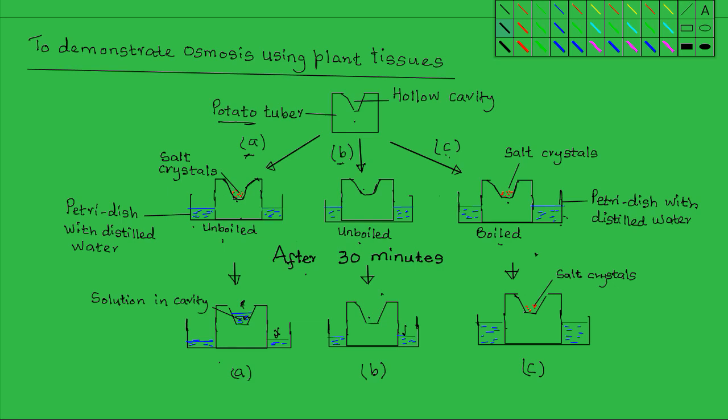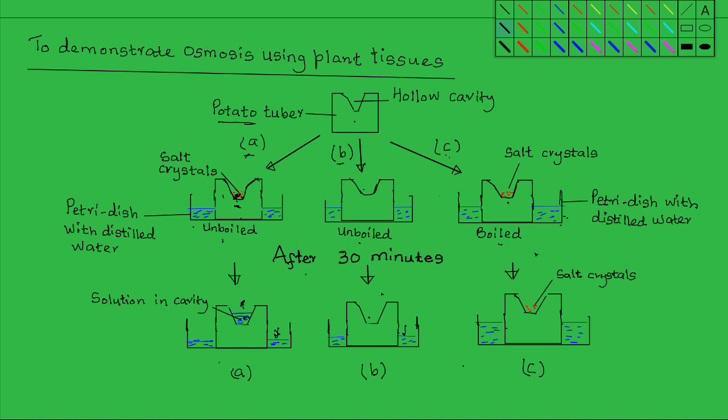The cells lining the cavity become hypertonic to the inner cells. Thus, water moves by osmosis from the inner cells to the cells lining the cavity, and this goes on until the outermost cells draw in water from the petri dish by osmosis, leading to a drop in the water level of the petri dish.